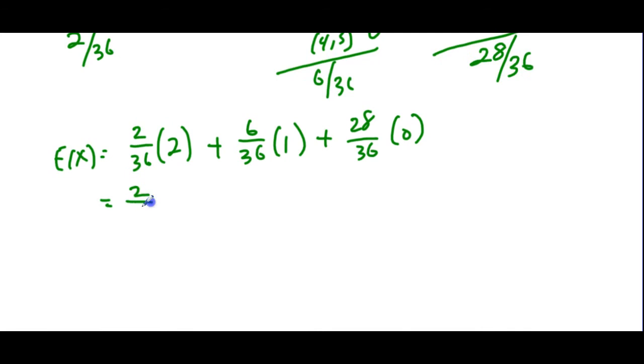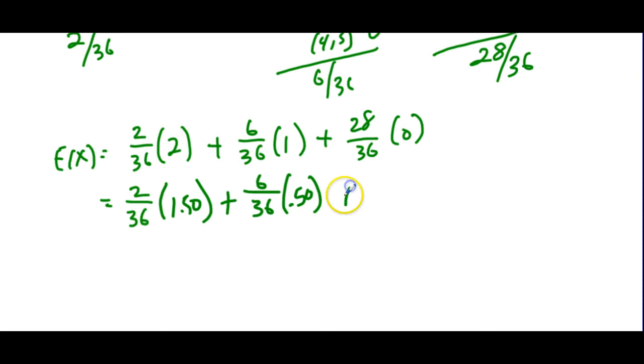We have a 2 out of 36 chance of getting either a sum of 2 or a sum of 12. Since we paid 50 cents, we actually win only $1.50. Here, instead of winning $1, since we paid 50 cents, we only win 50 cents. And the last part, if we rolled something else and get a sum that's not a 7, a 12, or a 2, then we actually lose 50 cents.